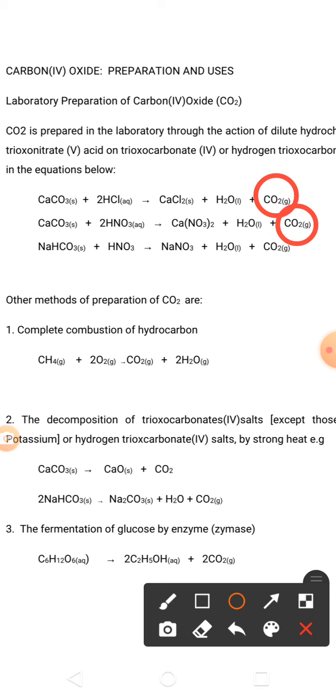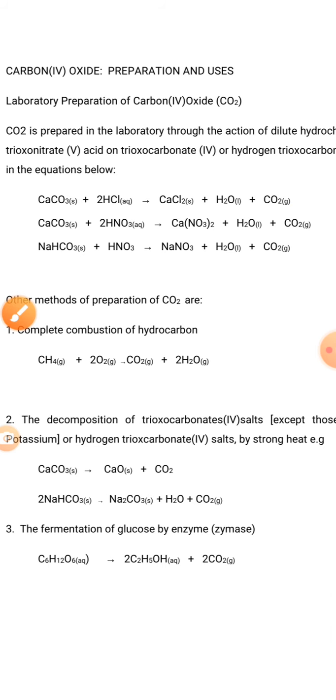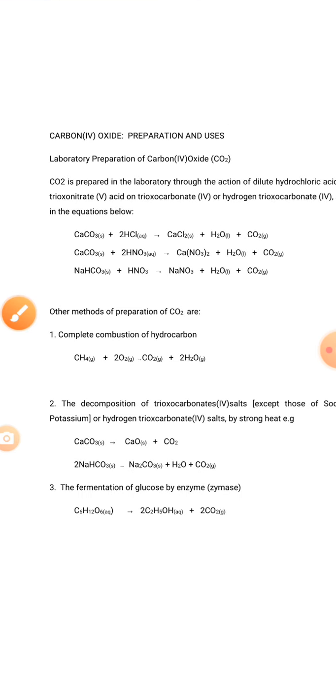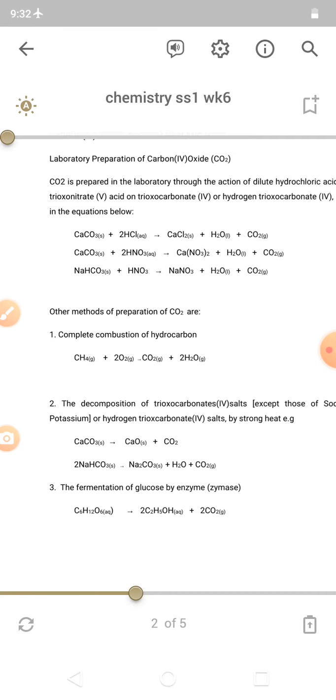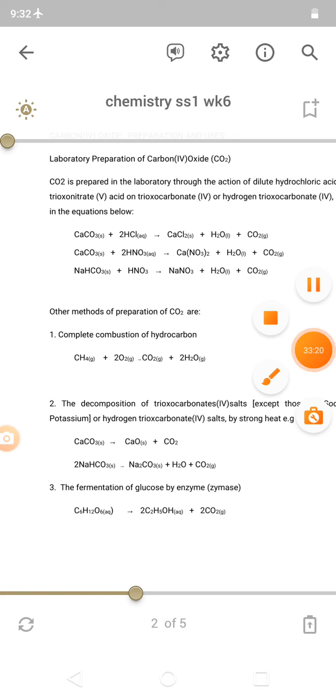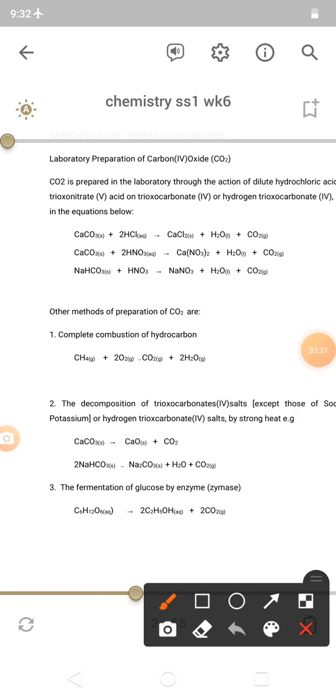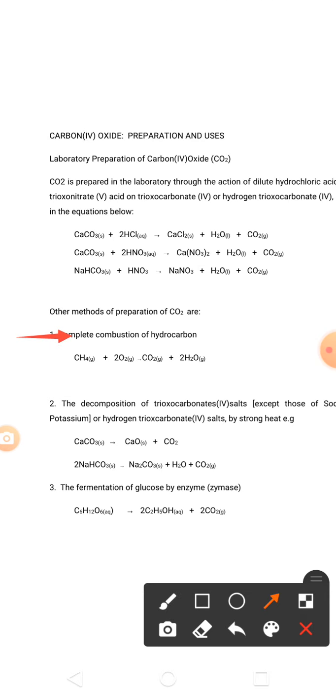Then the second method of preparing carbon dioxide. I actually numbered it as 1 here, but it's the second method. This one is complete combustion of hydrocarbon. You see the equation there. Another method is decomposition of trioxocarbonate 4 salt. When you say something decomposes, that means that it breaks into its constituent parts.